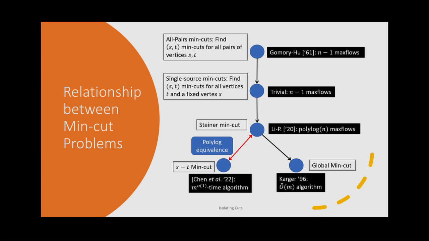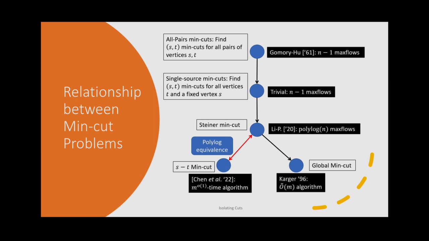So the state is that the top of that picture is muddy. We know algorithms that run using n max flow calls. The bottom of this picture now is clear. We know algorithms that run in polylog max flow calls.